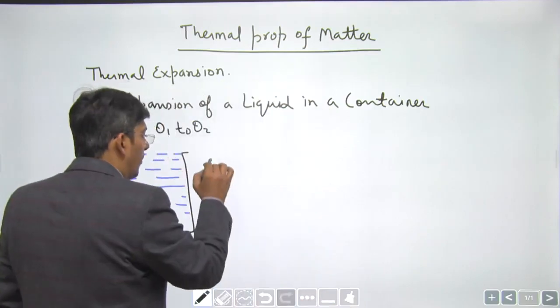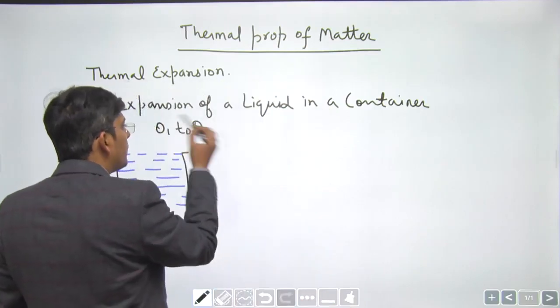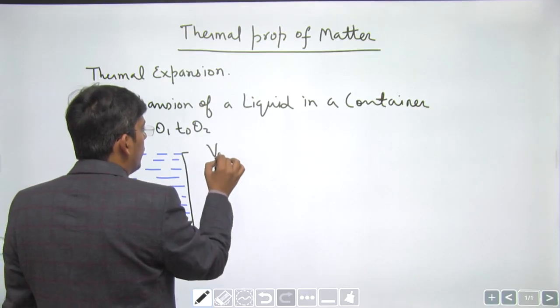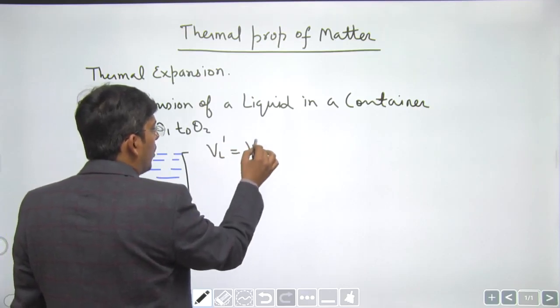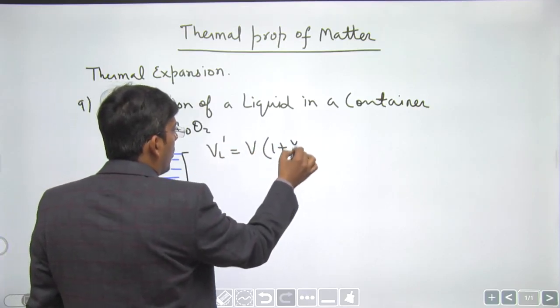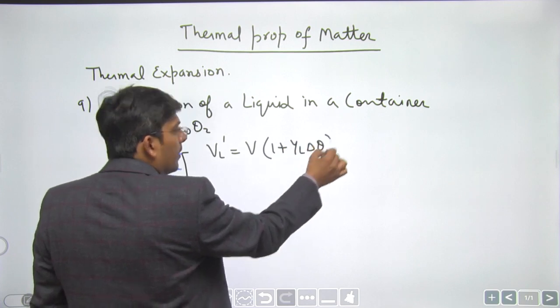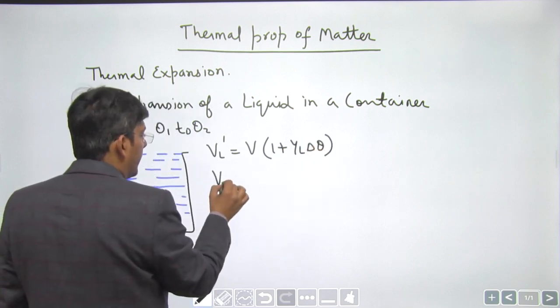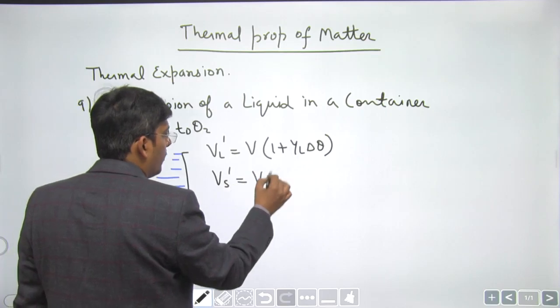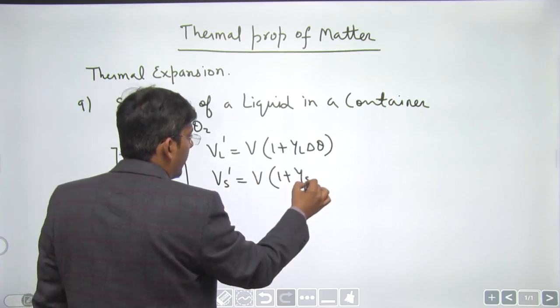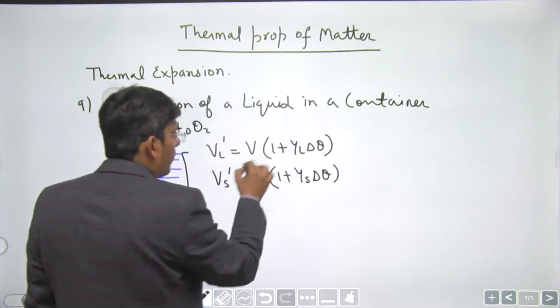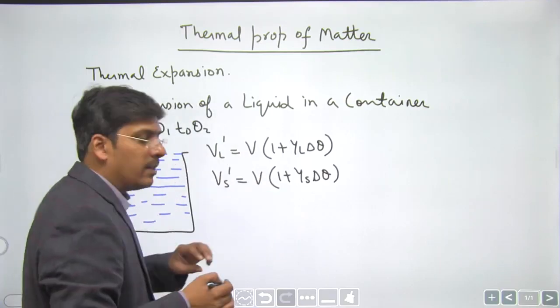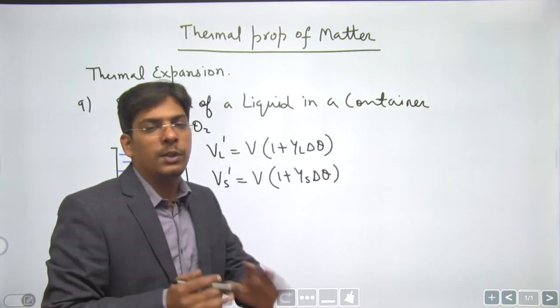Okay, so when temperature is changed from theta 1 to theta 2, new volume of liquid becomes original volume V times 1 plus gamma of liquid delta theta, and new volume of the container becomes original volume V times 1 plus gamma of container into delta theta. Initial volume was same for both of them, since the container was filled with the liquid to the top.